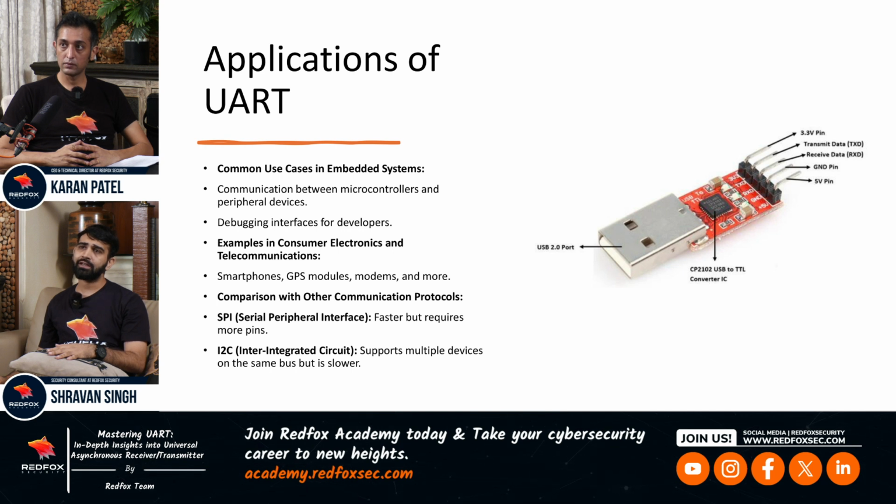As you can check here, there are 5 pins: 3v3, TX, RX, GND, and then 5 volt again. TX and RX are the main pins of UART, for receiving and transmitting data, and the 3v3 is optional, because if the device has its own power, then we don't need the 3v3 and 5 volt.